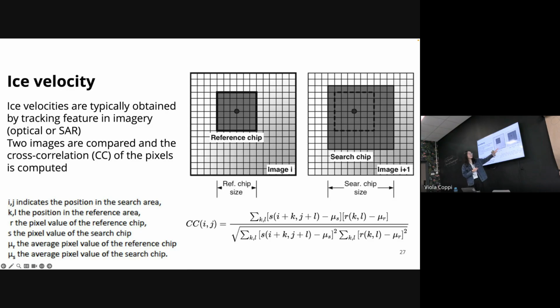If you have one picture at T1 and want to find where it is at a later time, we construct this correlation matrix. We identify the reference chip, and we also have the search chip from a different time for the images, and then we do the correlation.